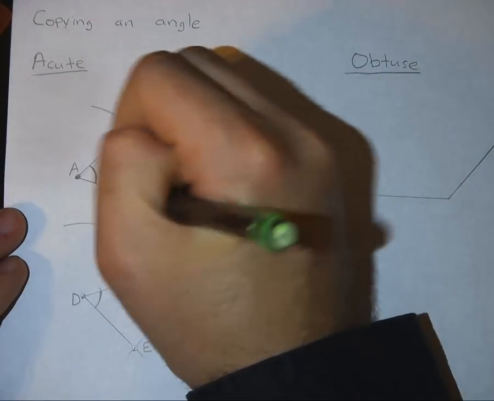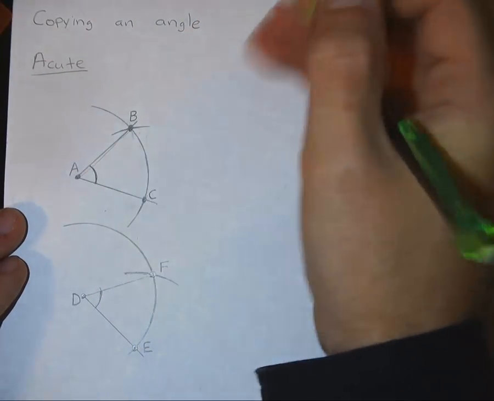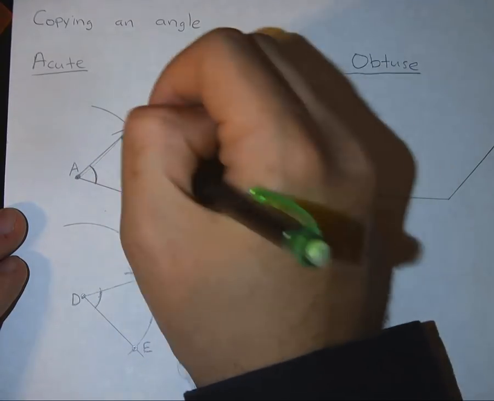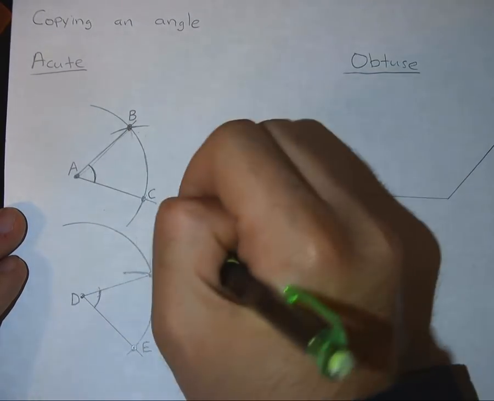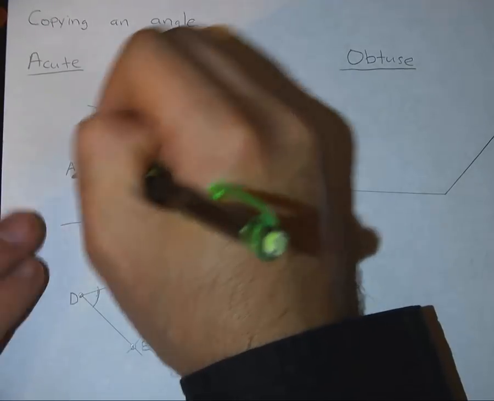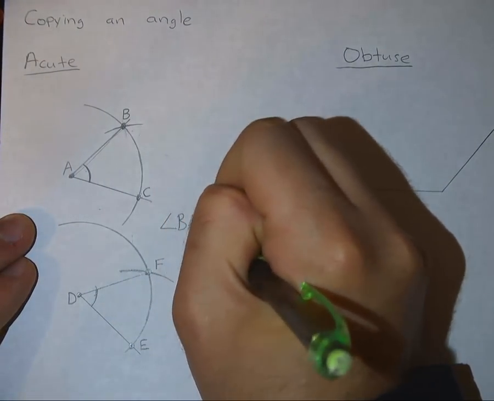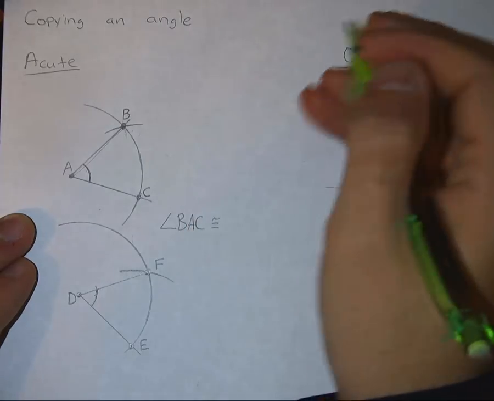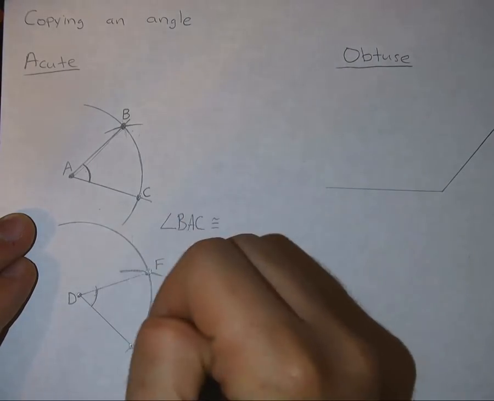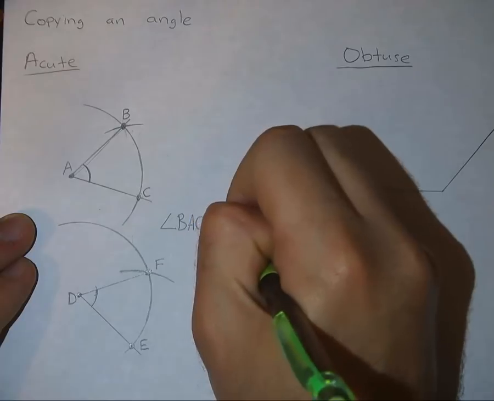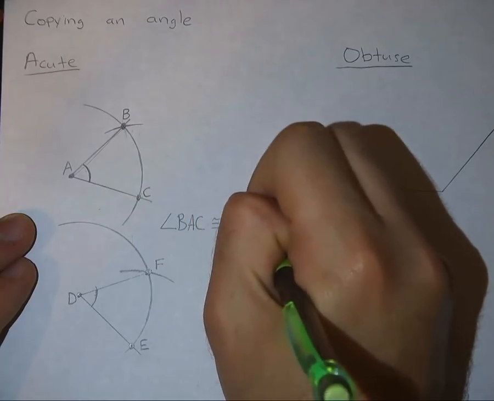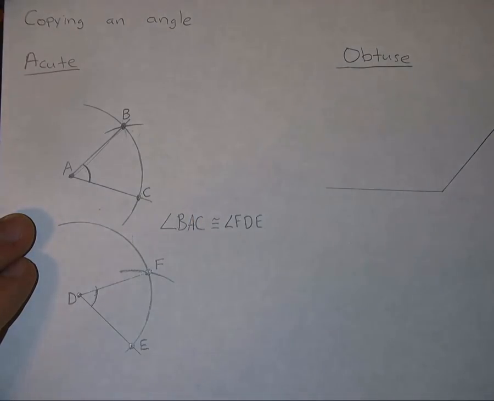This angle right here, I mean, you could, I guess, just say angle A and angle D. Well, let's get used to the 3-point system. So this is angle BAC is congruent to, because we copied it, FDE. Angle FDE. That's how you copy an angle.